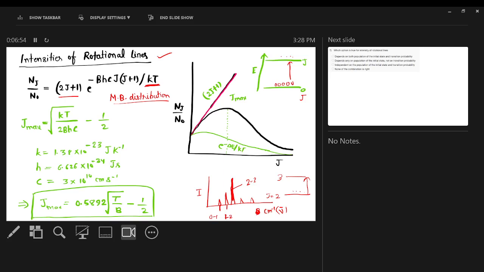When we solve this, we are solving for the rotational energy level that has maximum population. For maximum, we took the derivative with respect to J, using this condition for maximum, and we found J max like this.